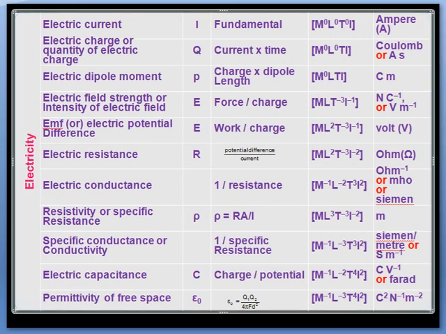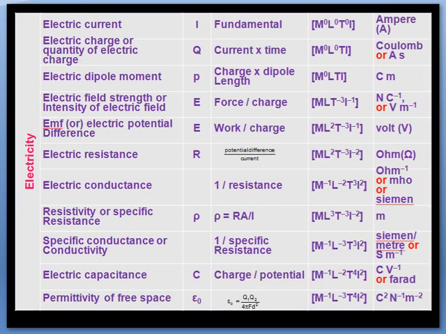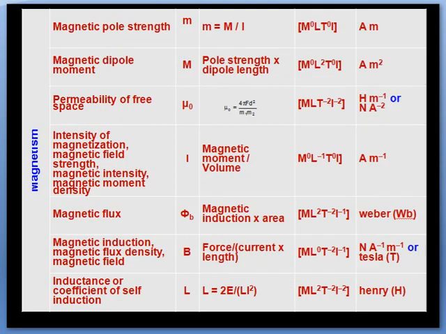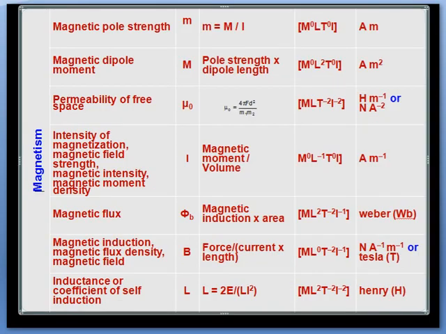This is electricity: electric current, resistance, electric conductance, electric capacitance, etc. And some are related to magnetism. You will study magnetism and matter in class 12th.